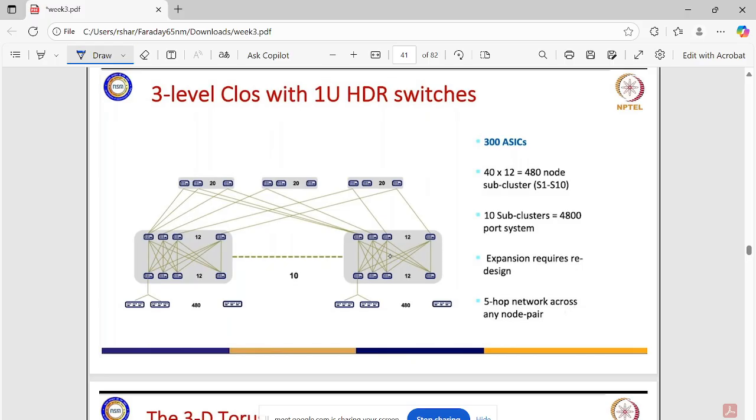Talking about this three-level Clos topology: if we connect only two switches, the maximum compute that we could connect is equal to the number of ports of these two switches minus the number of ports required to connect the two switches together.